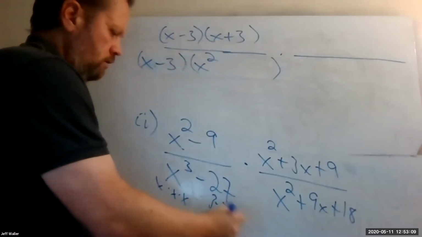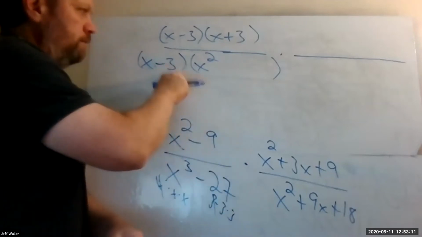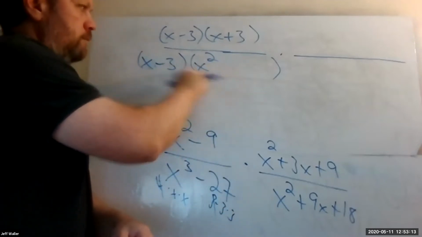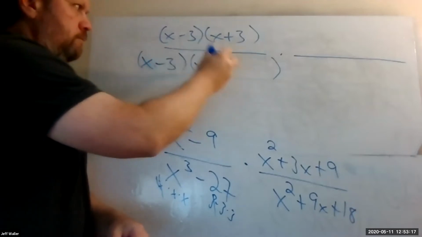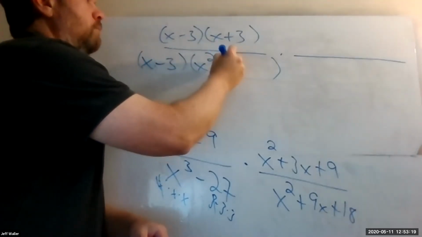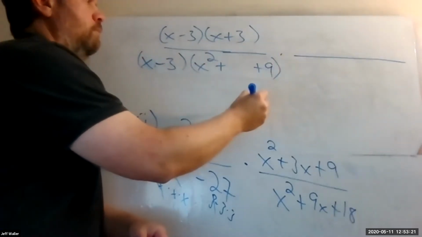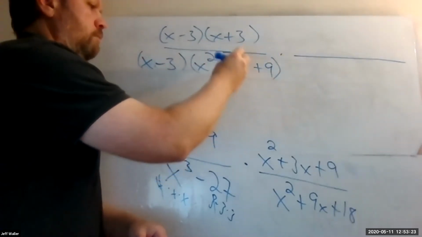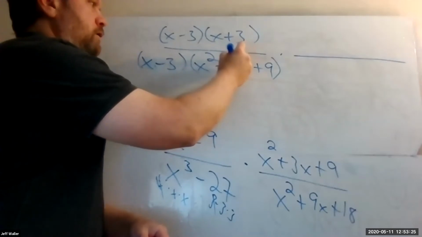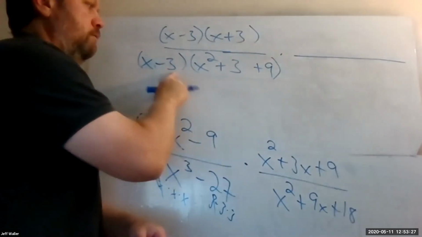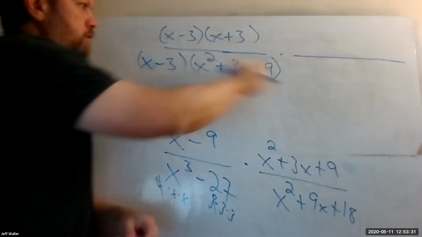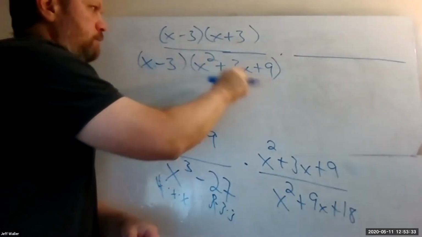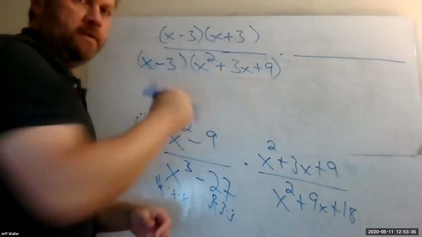It's 1 X and 1 three. Positive 3? No, minus 3. And here is going to be positive 9, but we have to put positive 3X before positive 9 to cancel the middle. So 1 X, 2 X's, 1 three, 2 threes, 3X. Opposite sign, same sign.